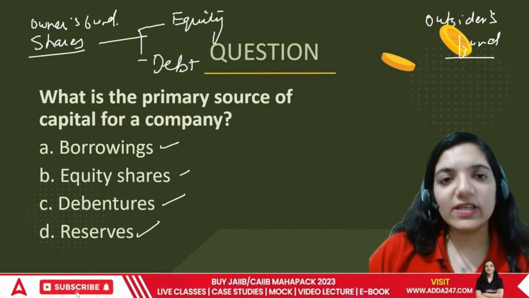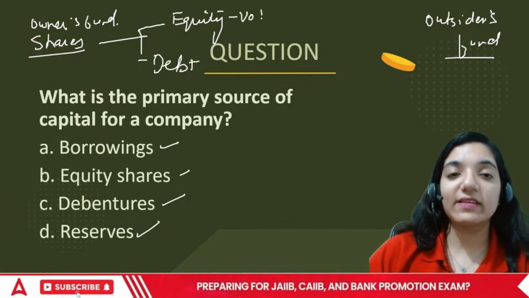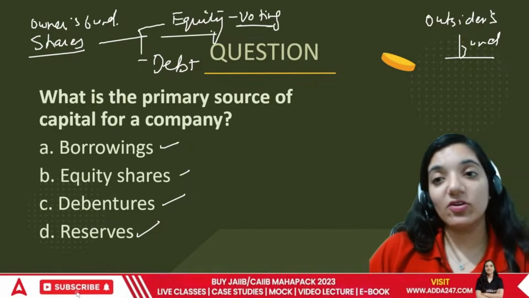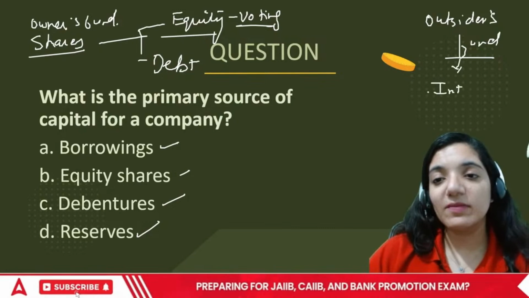Under equity, these people have the voting rights. They take the risk of the organization. They get the leftover. If the company earns a lot, first of all outsiders get the interest, because we take a loan from them. We will pay the principal as well as interest to them.